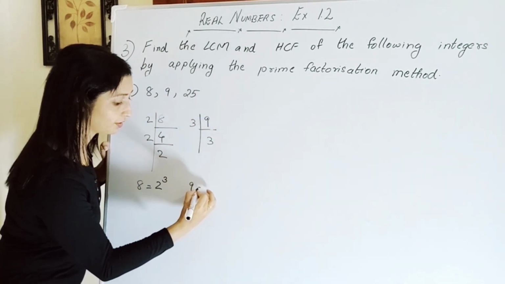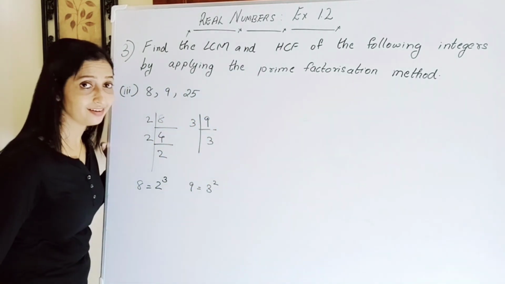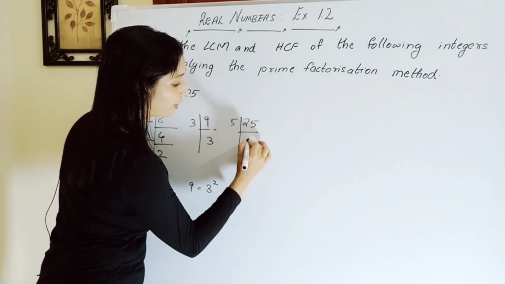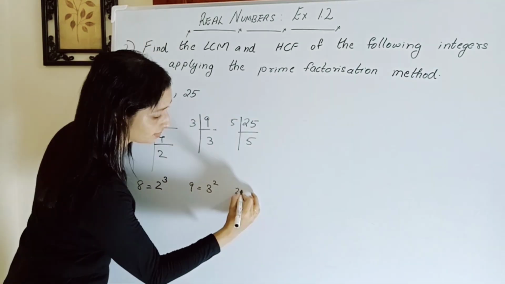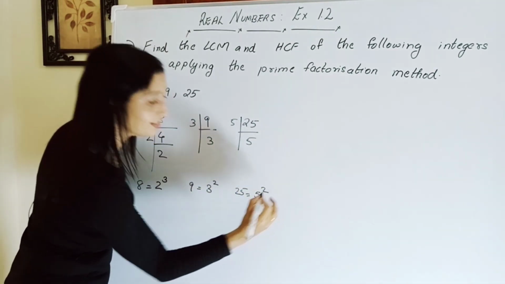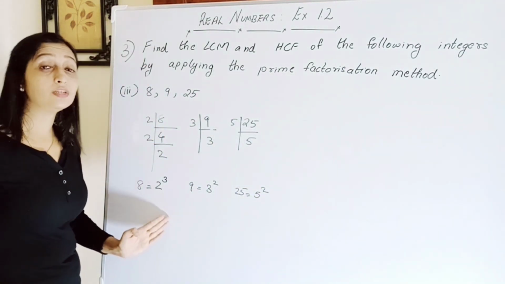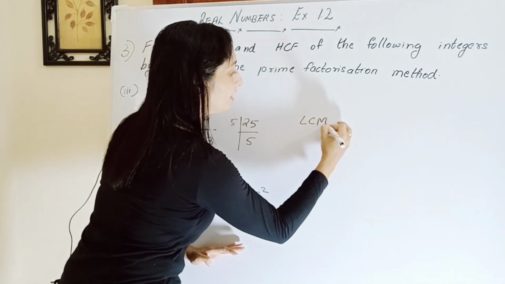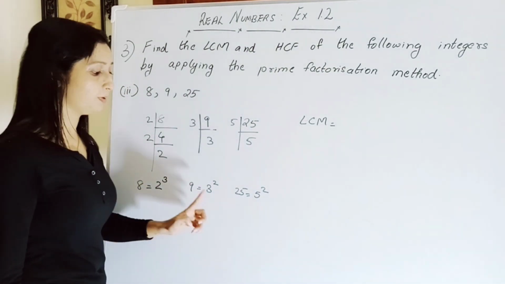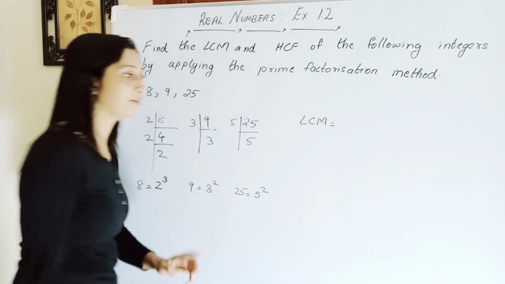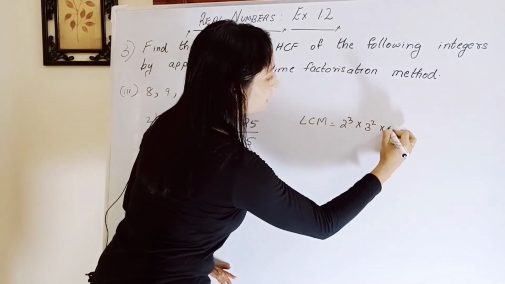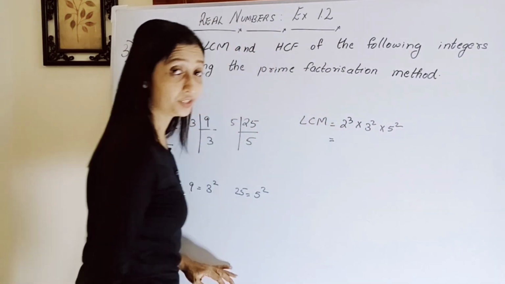So 9 can be written as 3 square, and 25 can be written as 5 into 5. So that is 25 can be written as 5 square. Now what is the LCM, the least common multiple? LCM is equal to 2 cube into 3 square into 5 square, which is 1800.